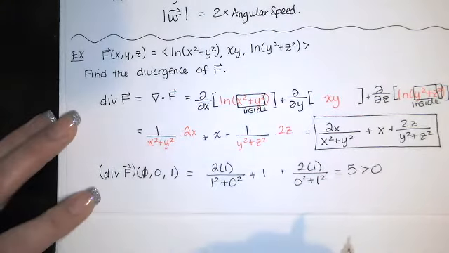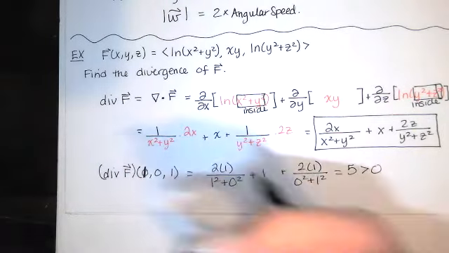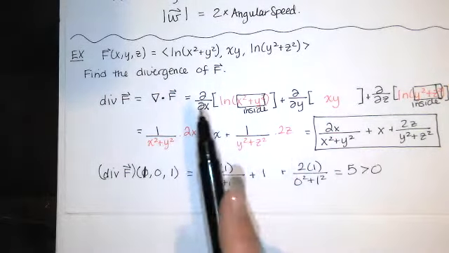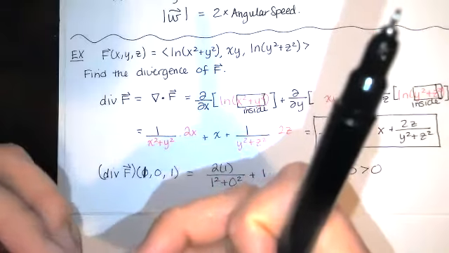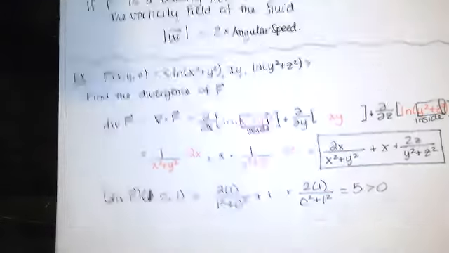It's diverging from that location. Or in general, we're thinking of it as spreading out. So anything that would follow along with that field would be sort of dissipating. It would be spreading out, like the sawdust in the water example.